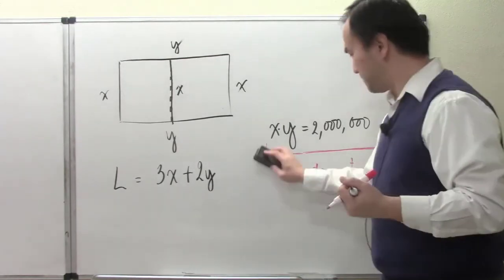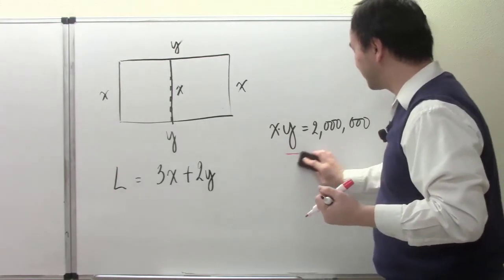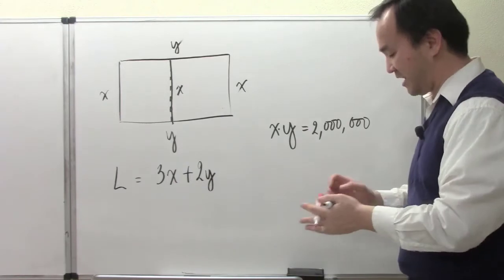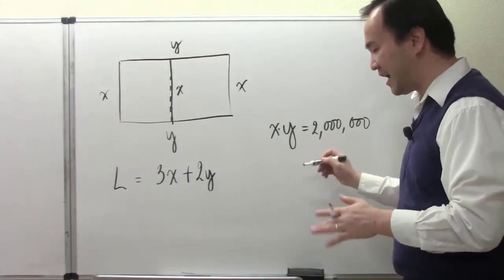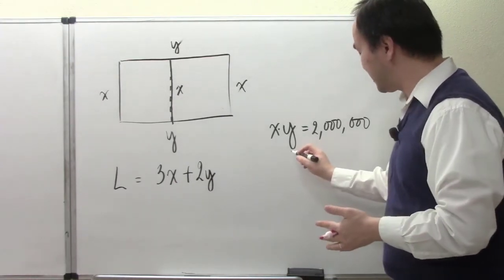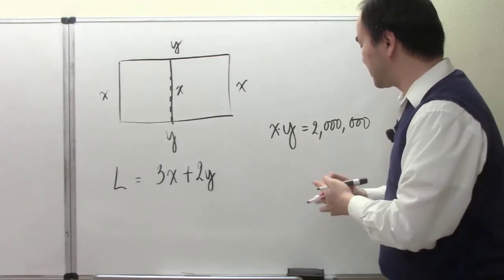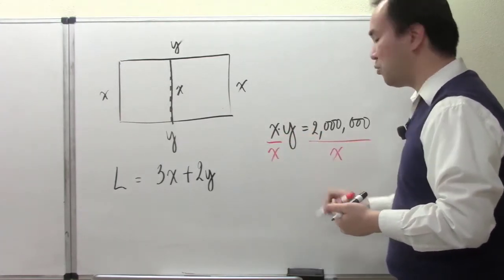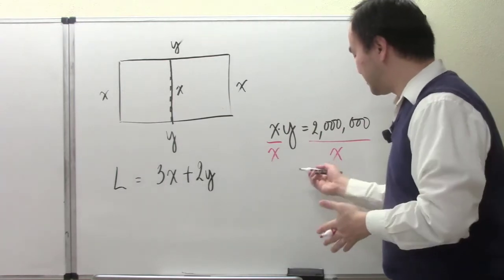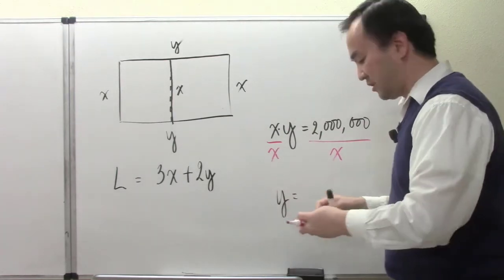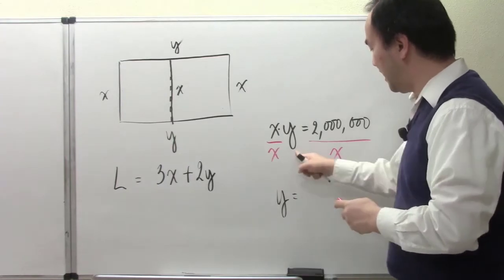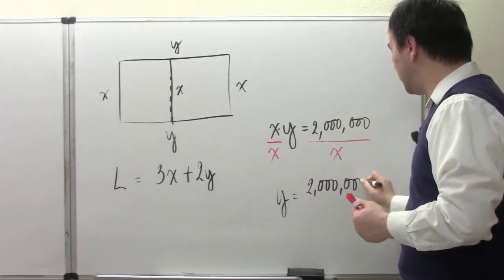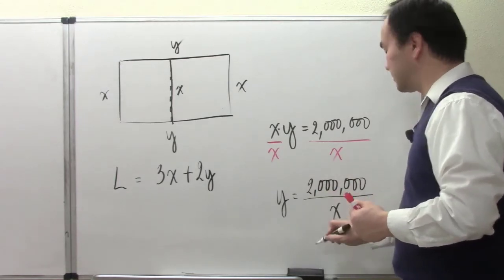But here's the thing. This constraint, and any constraint, is useful for us, especially for our kind of problem, because from this constraint I can divide both sides by x. It's simple algebra. And now we can solve for the y variable as 2 million divided by x.